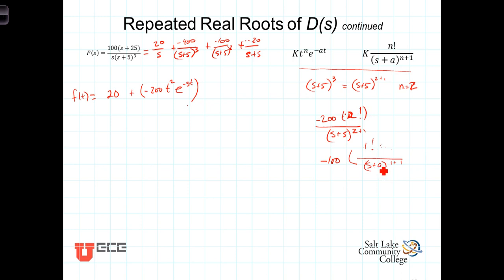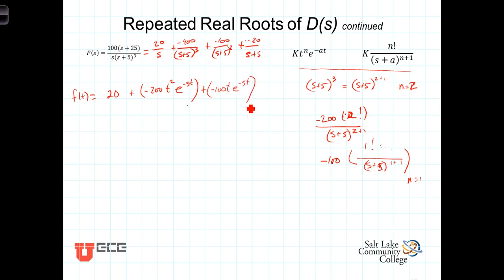Of course, a here is 5. So in this form, our k value is minus 100 and our n value is 1. So corresponding to this term, we're going to have plus a negative 100t e to the minus 5t.